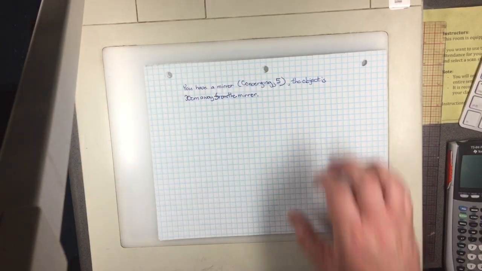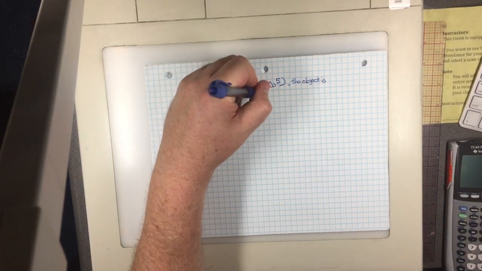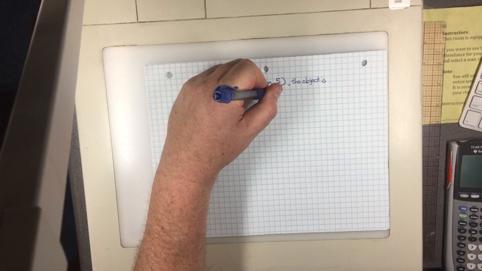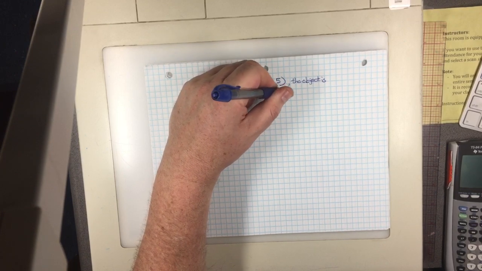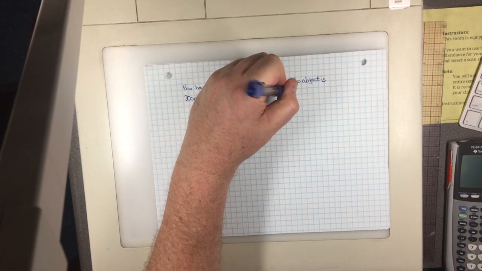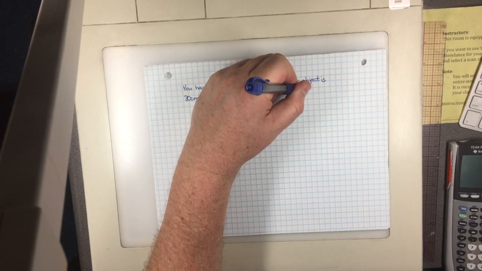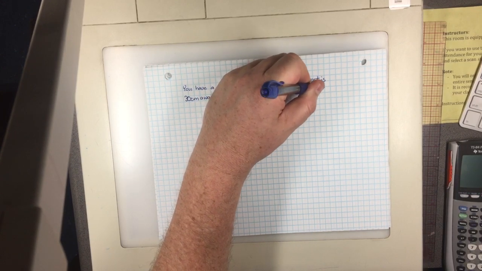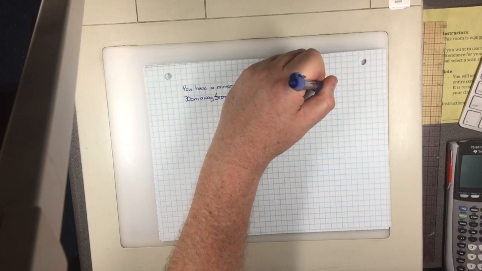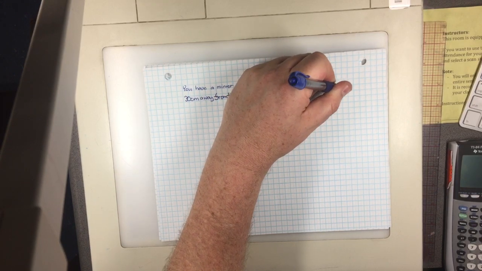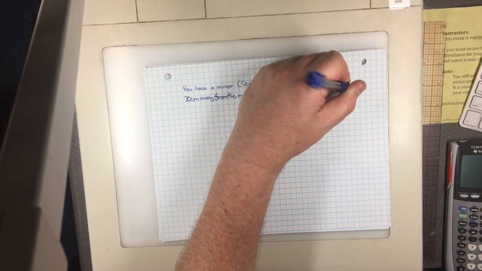And then what I want to know is, where is it? What kind of image is it?